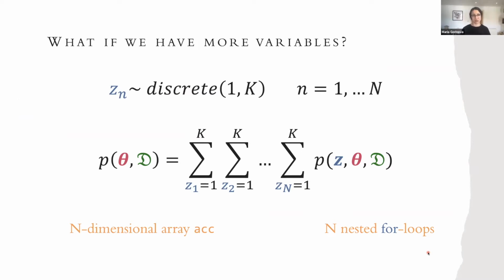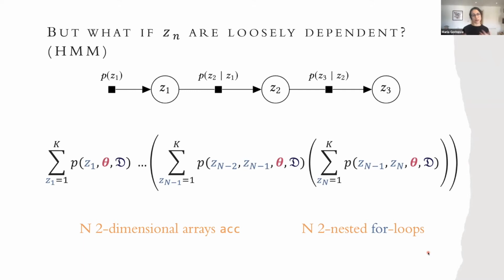But if the discrete variables are loosely dependent, one very common example being a hidden Markov model, we can do that more efficiently by exploiting conditional independencies in the model. We can do that with only n two-nested for loops rather than one big n-nested for loop.